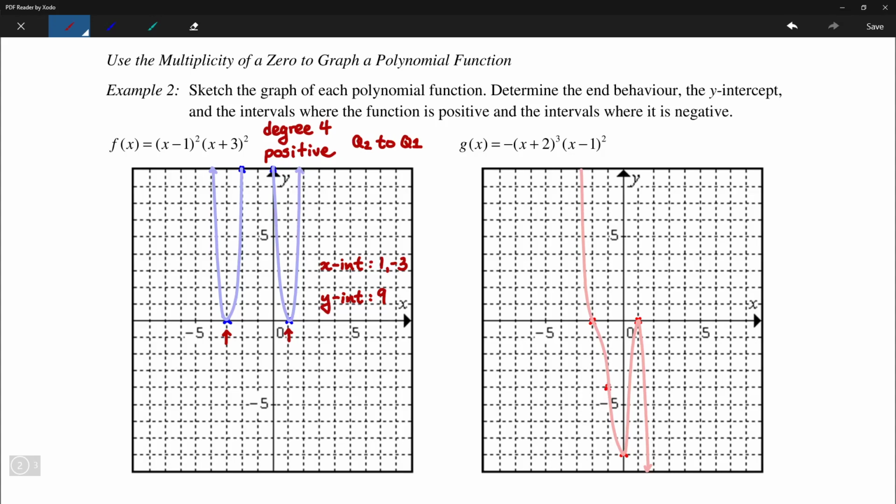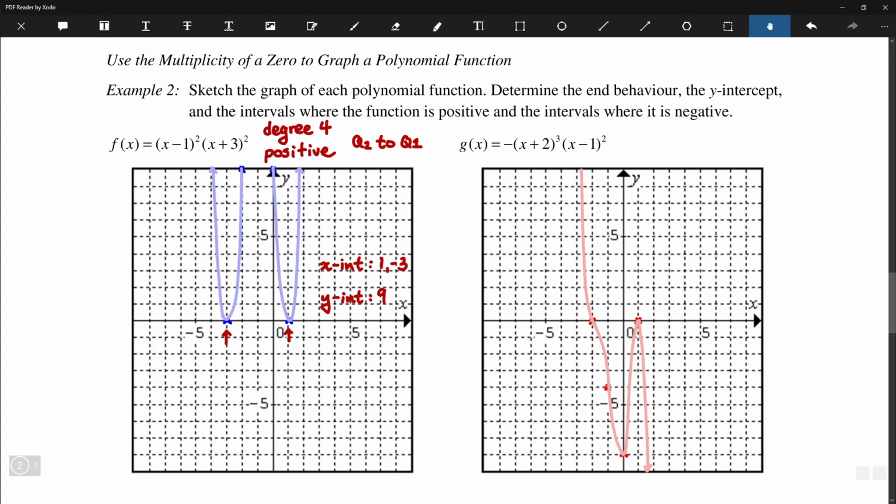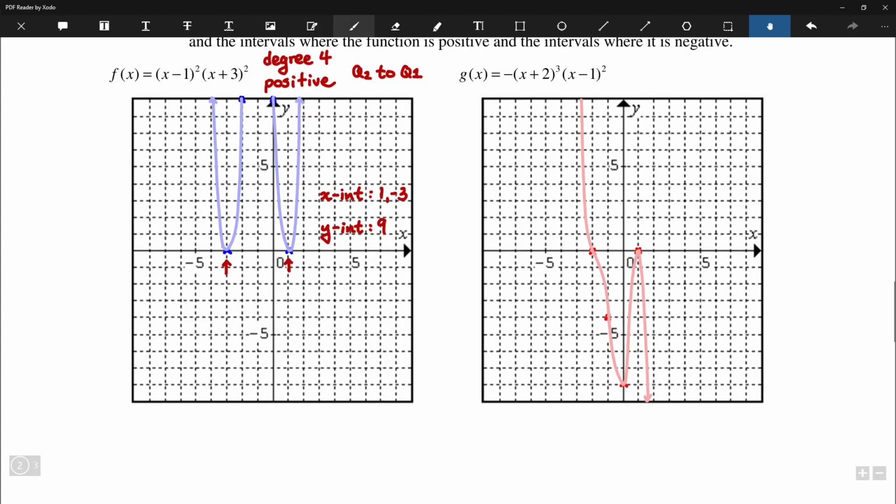The other piece of information that it says is determine the intervals where the function is positive and where it's negative. So the function on the left, f of x, is going to be positive everywhere except for when x equals -3 or 1, because the y values there are 0, and 0 is not a positive number.